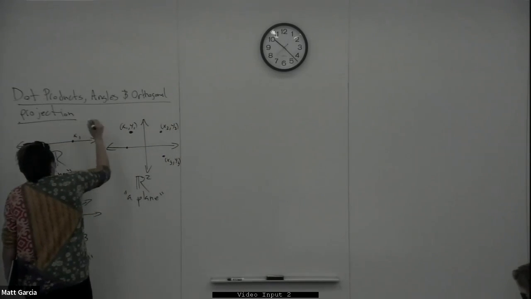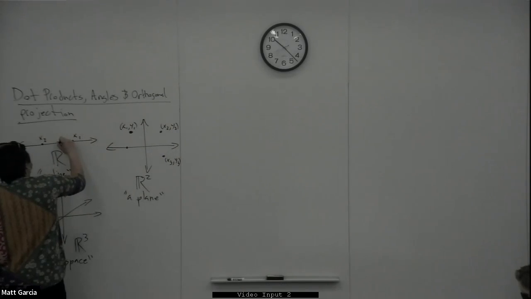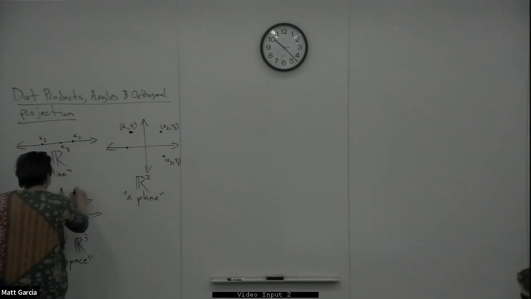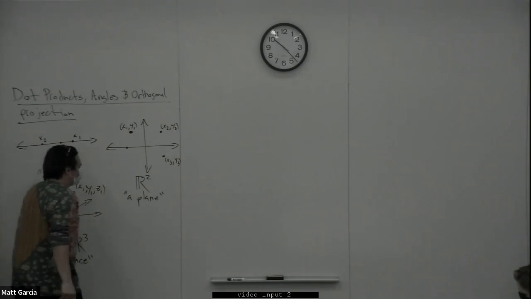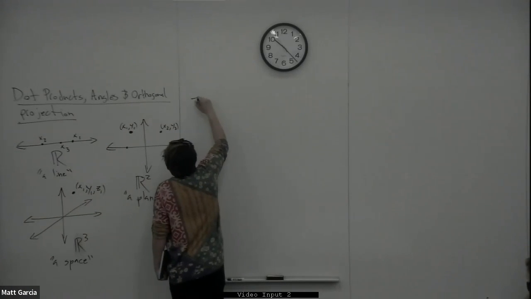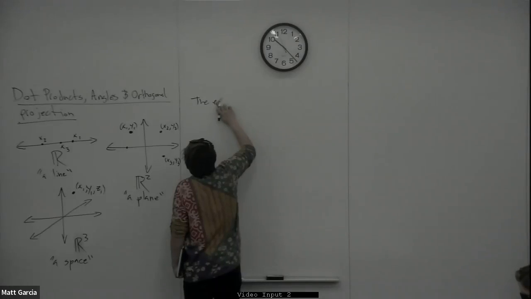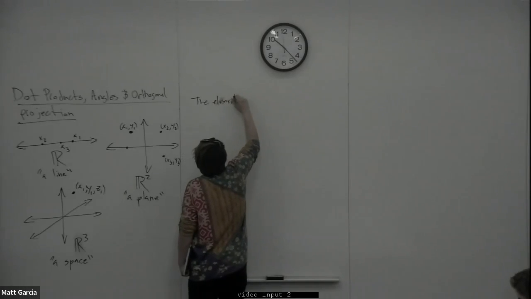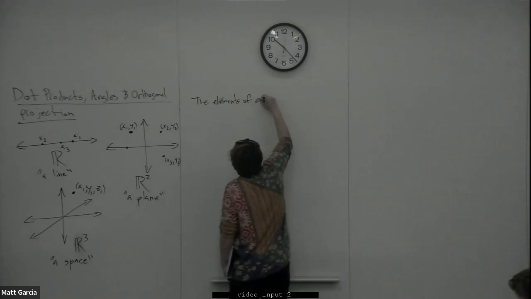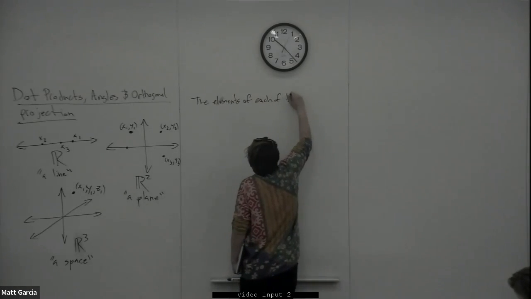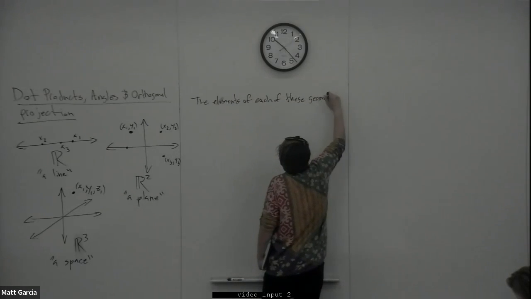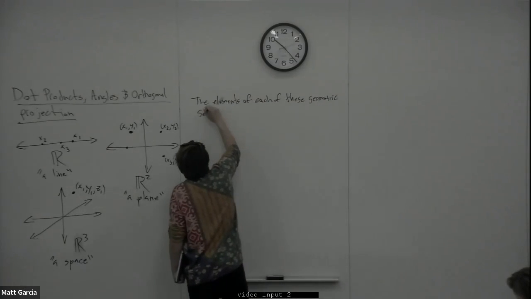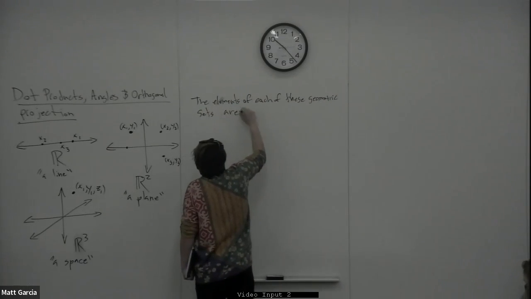Here's X1, X2, X3. At some point, X1, Y1, E1. The point is the elements of each of these geometric sets are viewed as vectors.